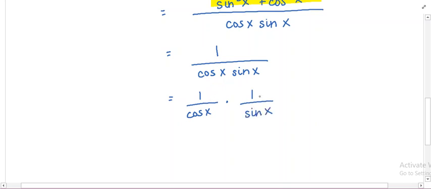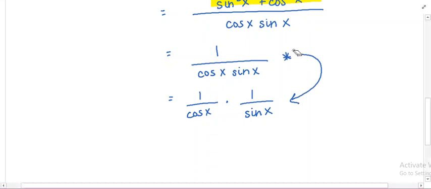Okay, if you write those two fractions separately and multiply them, you would multiply across the top. 1 times 1 would give you 1, and then cosine x times sine x would give you the bottom, cosine x sine x. Okay, so you can take this fraction right here and break it down into these two separate fractions that you're multiplying. They're equivalent.